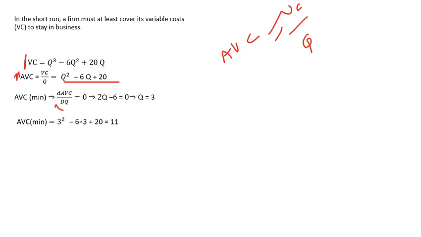So we set the derivative of this with respect to Q equal to 0. The derivative of this is 2Q minus 6 equals 0, which means Q equals 3. So the minimum average variable cost happens when Q equals 3.